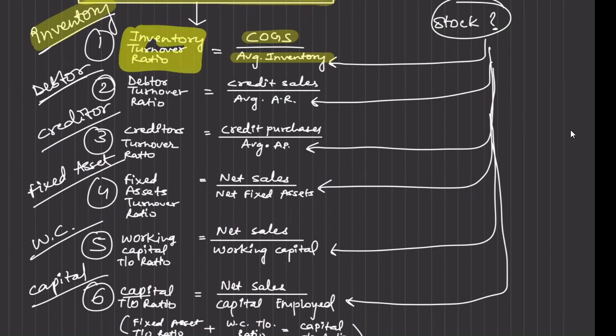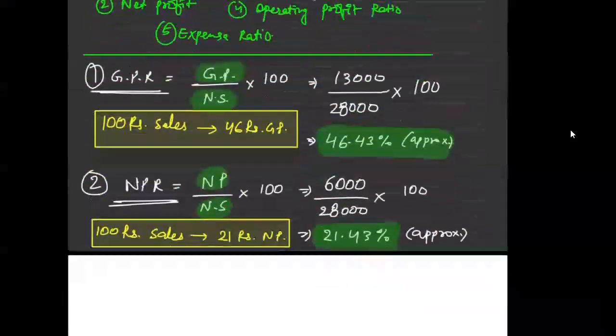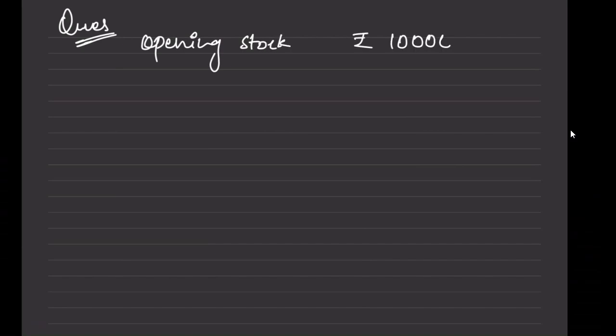That is the formula. Now let us understand the significance of inventory turnover ratio by an example. You have an opening stock of rupees 10,000.